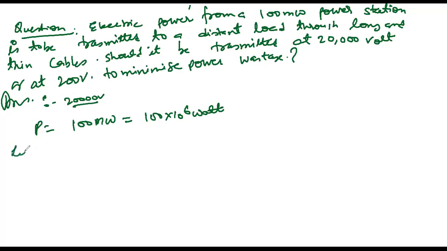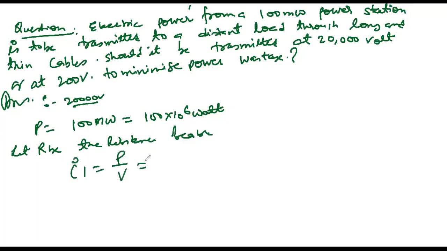Let R be the resistance of the cable. So find how much current is going. I1 is equal to P upon V. So 100 into 10 to the power 6. Suppose you transmit at 20,000.